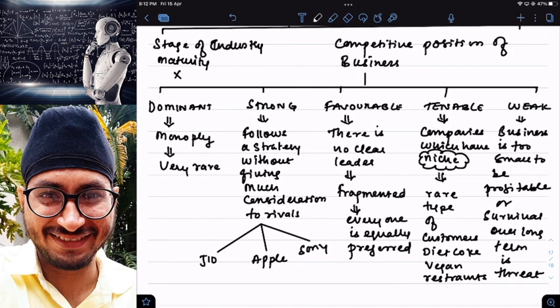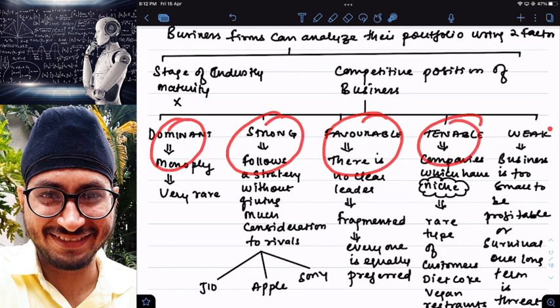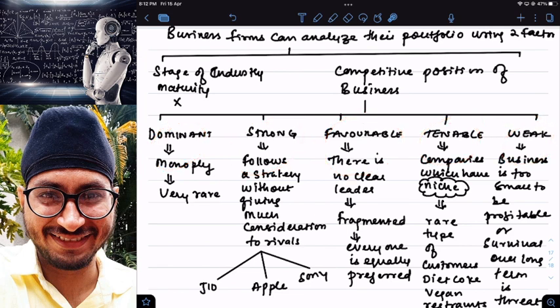According to ADL, they can divide the companies into how many parts? 5 parts. Dominant, strong, favorable, tenable, weak. A company which is having monopoly, dominant. A company which is preparing the strategy without thinking about its competitors, strong.